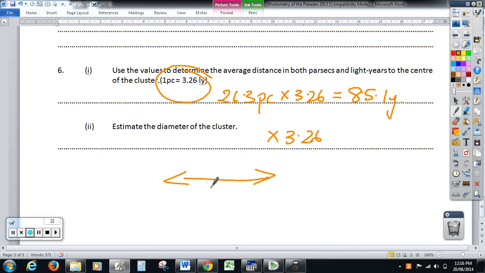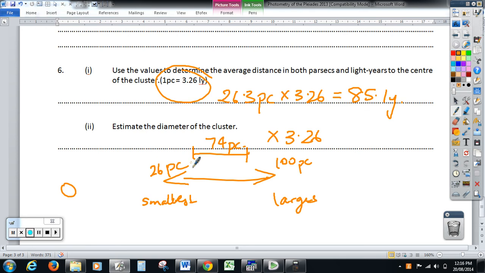Now, the diameter would be the largest value minus the smallest value, because if the Earth is over here and we got one here at 26 parsecs away and this one is 100 parsecs away, then the diameter would be around about 74 parsecs. So you could use those values to work out the diameter of the cluster.